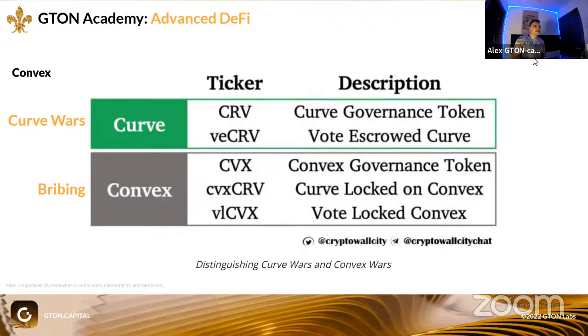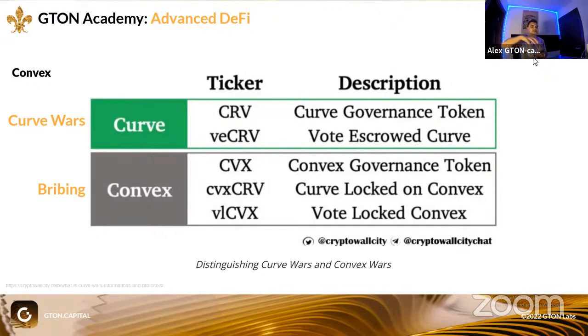And you can see the diagram here. Curve has a pretty simple model: CRV, which is the farming token, and VCRV, which boosts the rewards and lets you vote on the profitability of different pools, right? And we have Convex, which has its own token, looks similar, but is also wrapping the CRV.